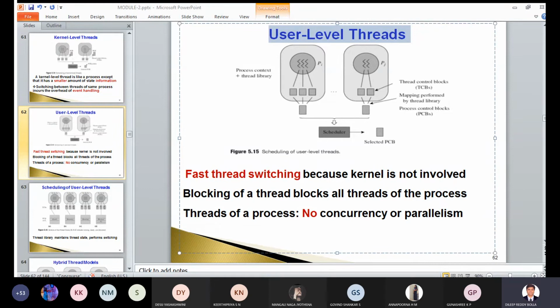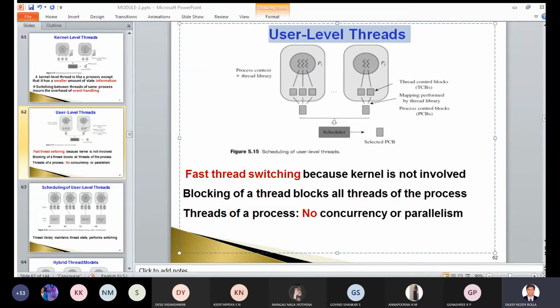Now we started scheduling. In case the thread library cannot find a ready thread, so there are no threads ready to be executed, what will it do? It will make a block me system call.